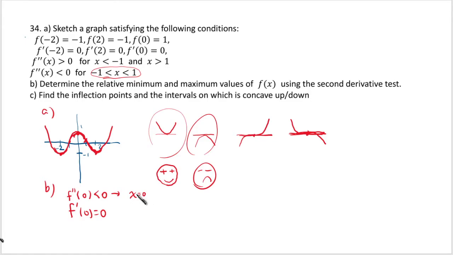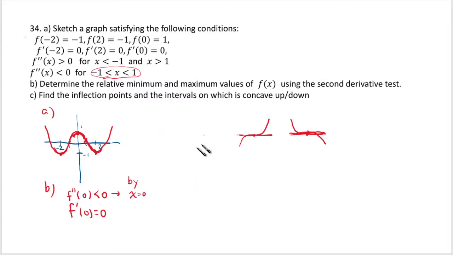That means by the second derivative test, x equal to 0 is a relative maximum.